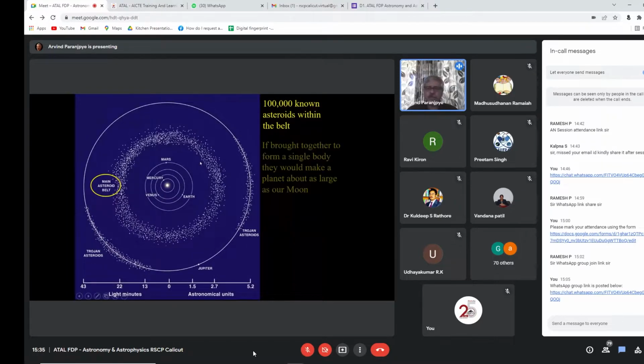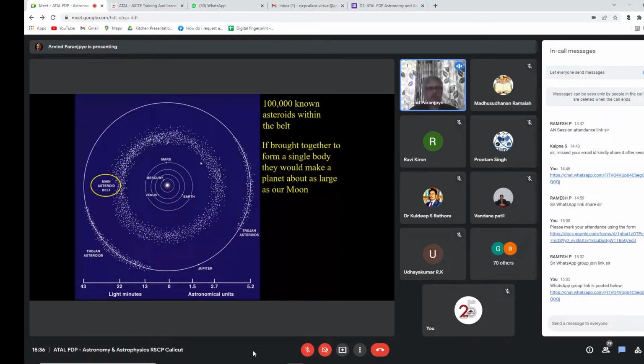People debated what the nature of these asteroids is, and why there are so many in this region. At one point they thought that possibly there was a planet which broke into a large number of pieces for some reason, and these pieces are orbiting the Sun.